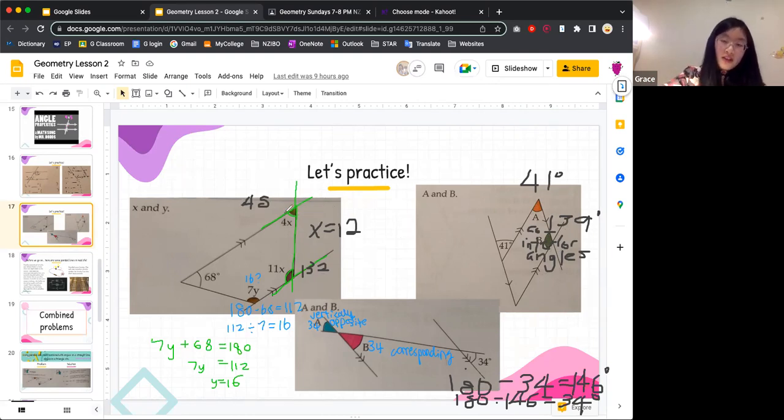So we have 4x plus 11x, which we got was 15x. So they add to 180. And if we divide both sides by 15, we're going to get 12. Oh, I see that Aranxa has also said in the chat, x equals 12, so good job.